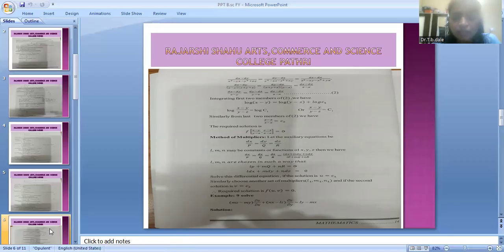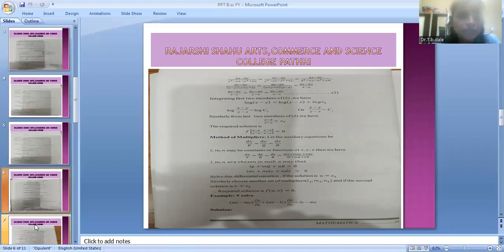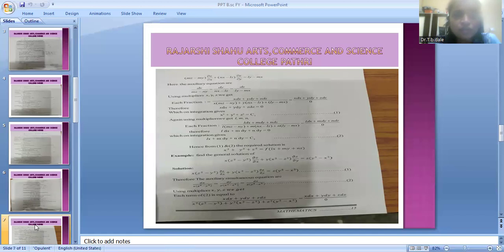(nx minus lz) dz upon dy is equal to ly minus mx. In the next slide, the solution of the equation: (mz minus ny) dz/dx plus (nx minus lz) dz/dy is equal to ly minus mx.